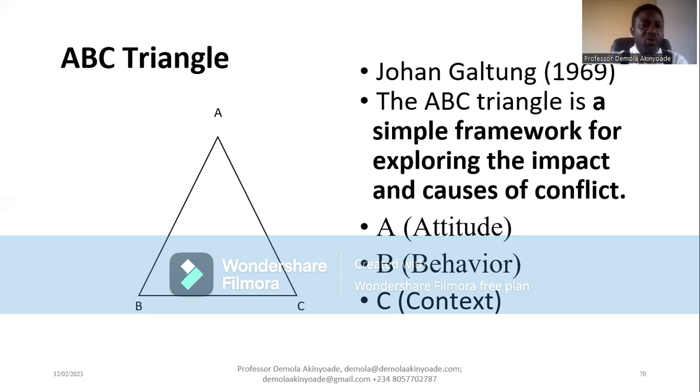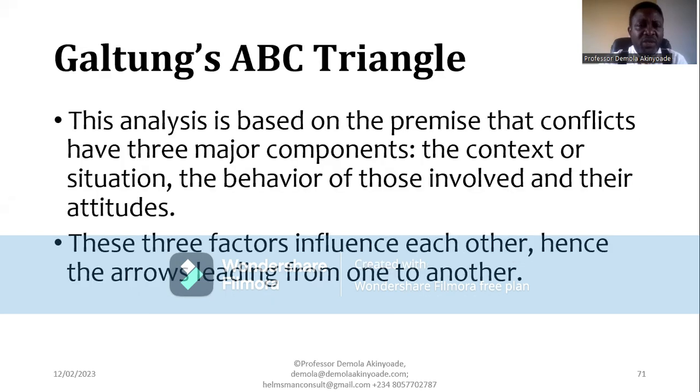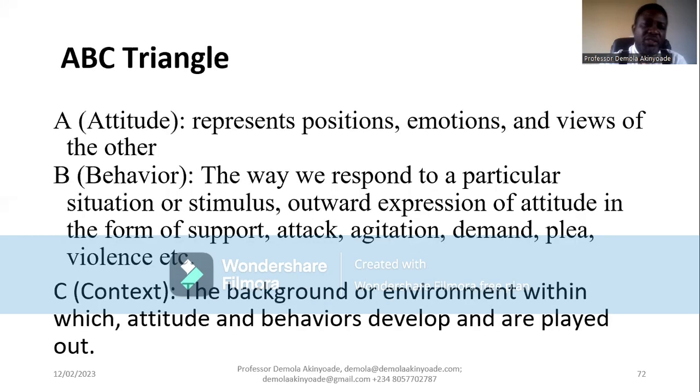And also, context influences attitude, and attitude also influences the context. So that is the essence of the ABC triangle. It's based on the premise that those three major components, the context or the situation, the behavior of those involved, and their attitude, interact. And then they become mutually reinforcing.